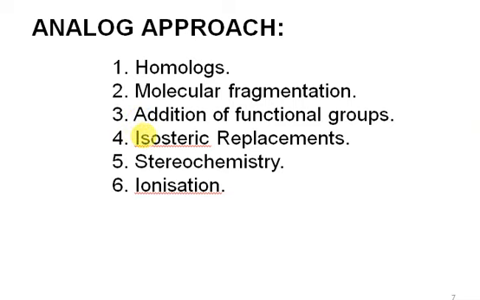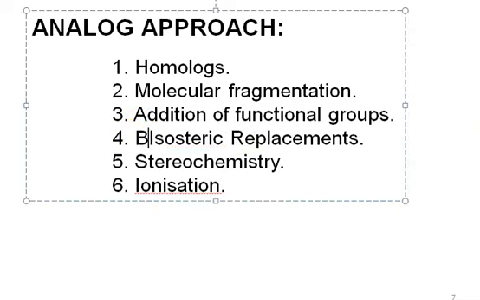Then we have bio-isosteric replacement, right? We know what bio-isosteres are. These are the groups that have the same activity, right? If we replace sulfur with oxygen, the biological activity will be retained.